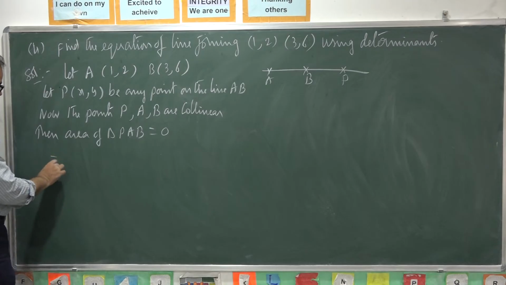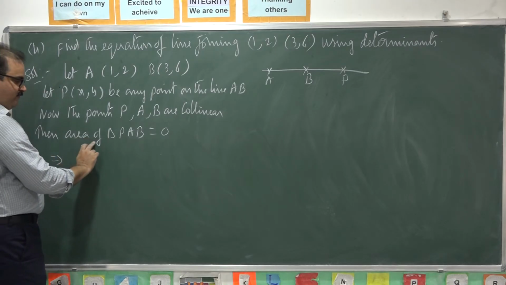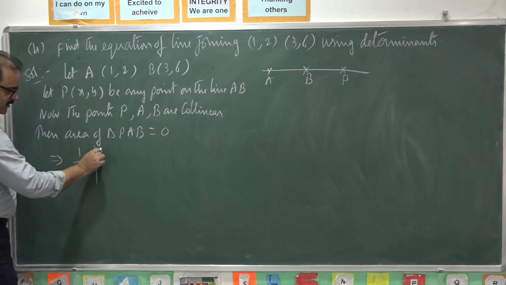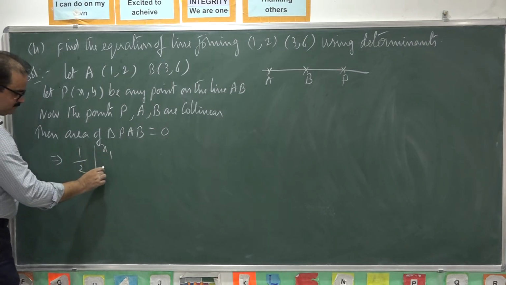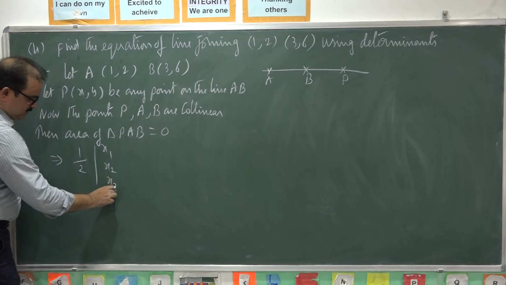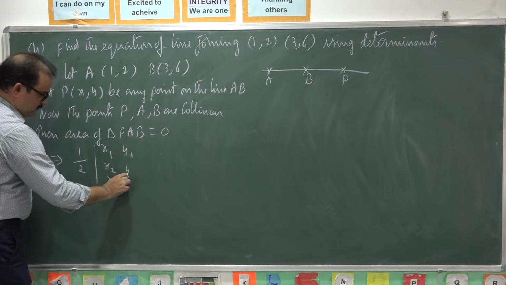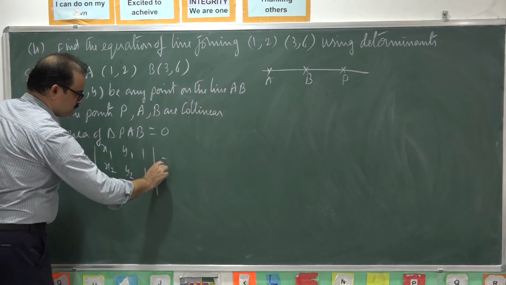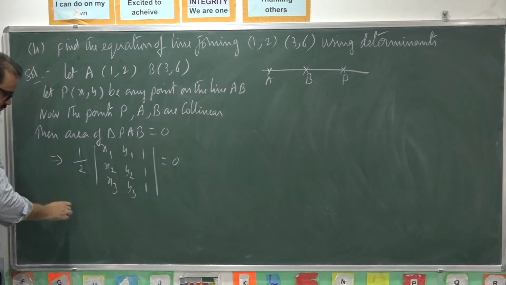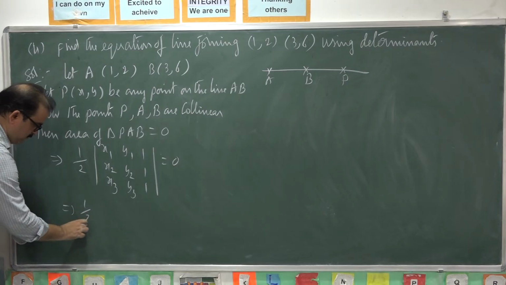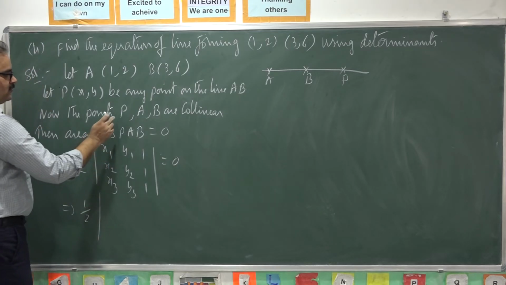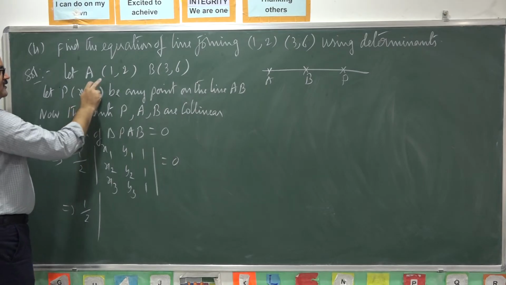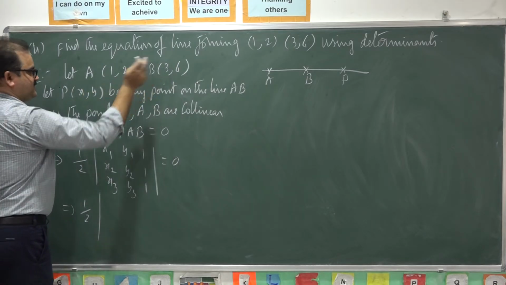Now from determinants, what is the formula to find the area of the triangle? 1/2 into the determinant of x1, x2, x3, y1, y2, y3, 1, 1, 1, that is equal to 0. P is taken as x1, y1, it is x2, y2 and it is x3, y3.